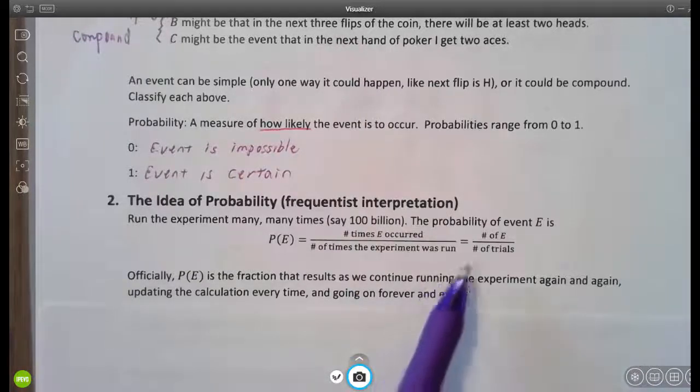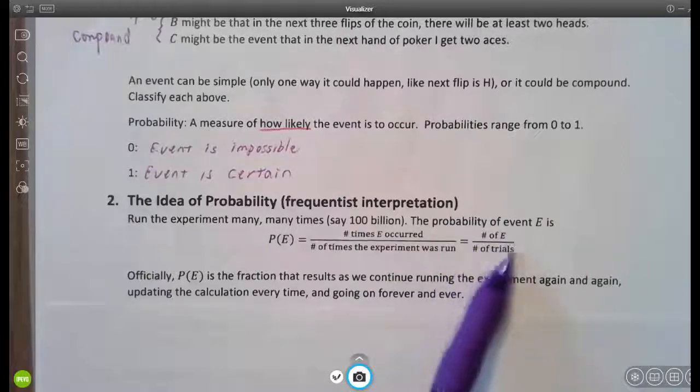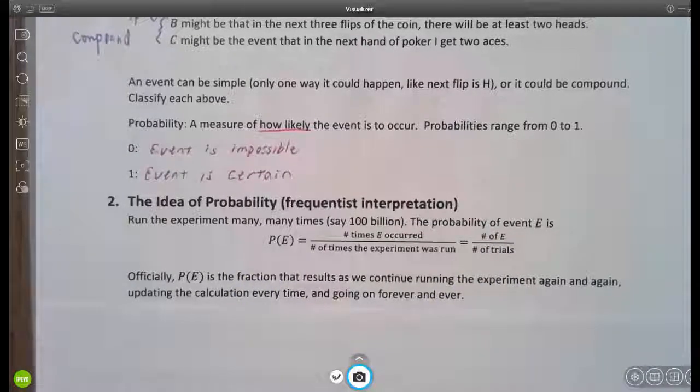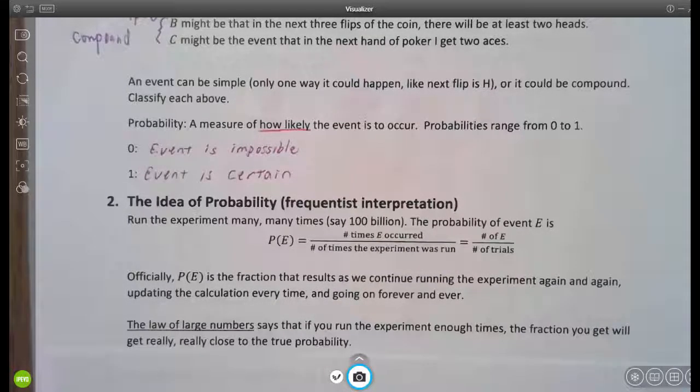Each time you run the experiment, you update your ratio, and the claim is that as the number of trials gets larger and larger towards infinity, this ratio will get closer and closer to the probability of the event E. Now, the law of large numbers tells us that you actually don't have to run the experiment infinitely many times. If you run it a large enough number of times, this fraction will start getting close to the true probability of the event.